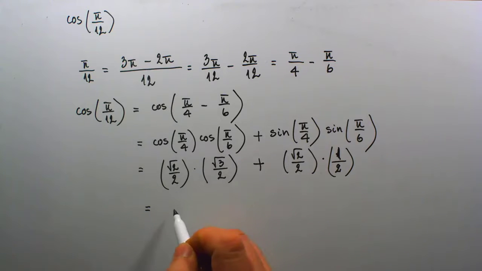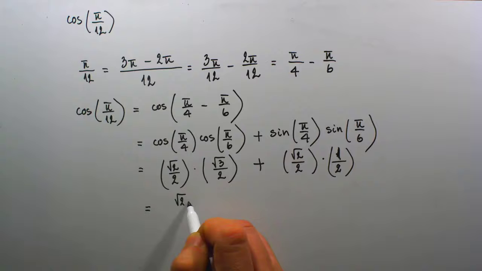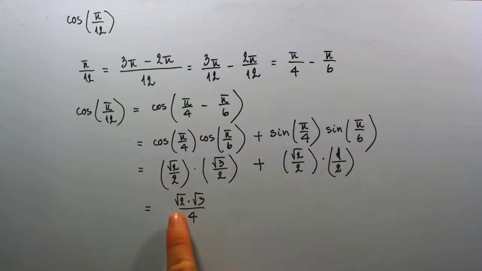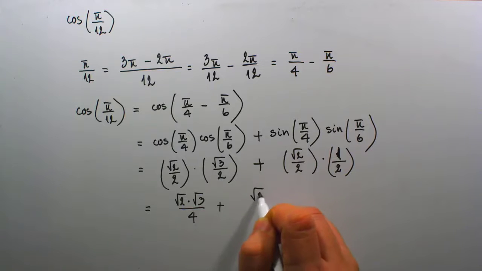So be ready to reduce fractions and reduce square roots. So the first term becomes square root of 2 times square root of 3 over 4, since we simply multiply the two fractions together. Plus, the next term becomes square root of 2 over 4.